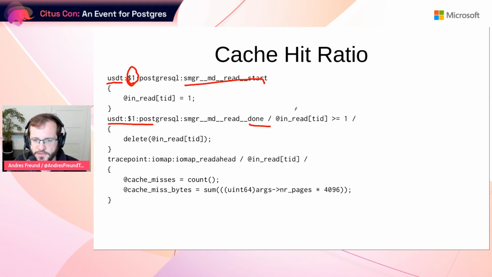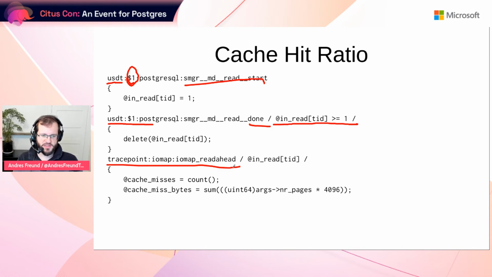And we additionally have a condition here that says we are in a read. What that does is handle the case that we might have started tracing while reads were ongoing. And the part where we can now collect more information than we could get from Postgres statistics alone is that we can also use a kernel trace point.